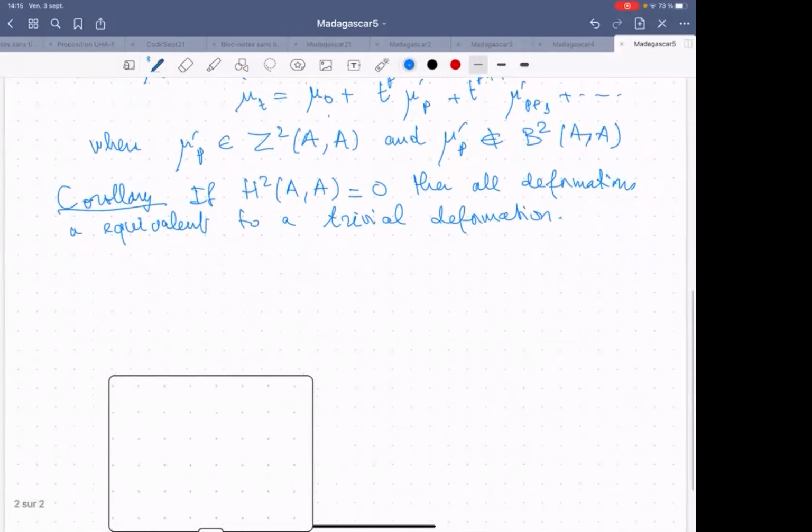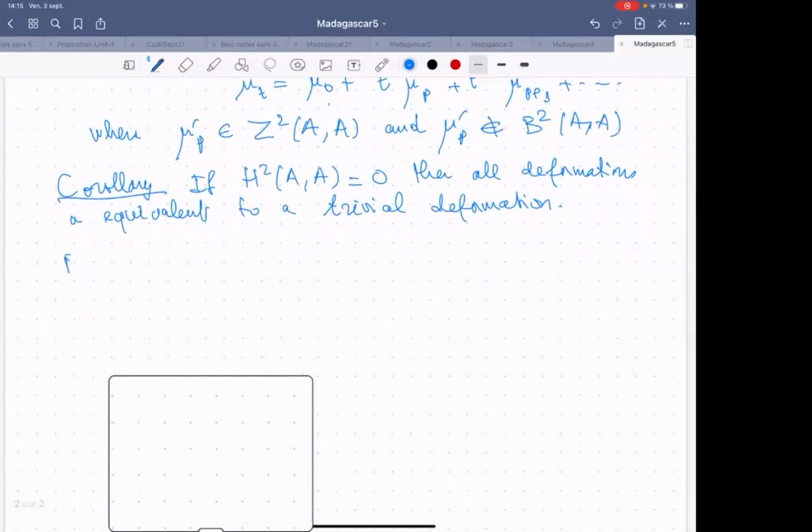Now let me introduce this concept of rigidity. Definition.